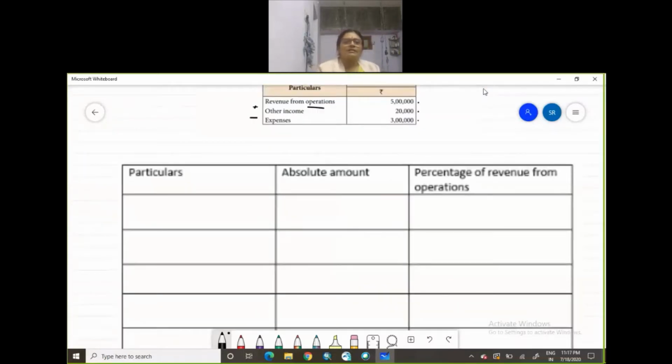First, we start with revenue from operations. Your absolute income in rupees, and this is going to be in percentage. Revenue from operations is equal to 5 lakhs. Fine. Plus other income.